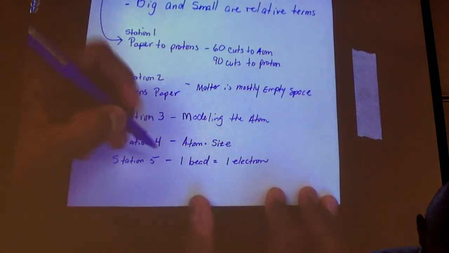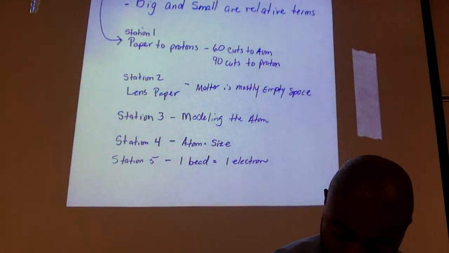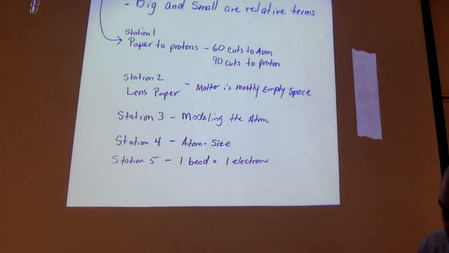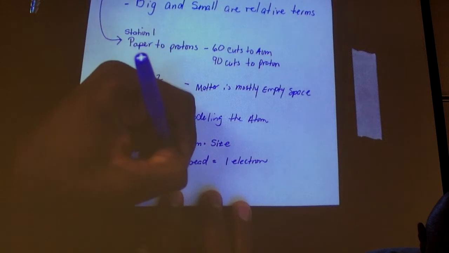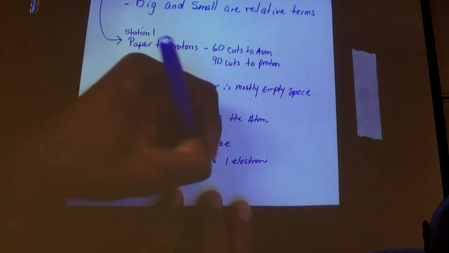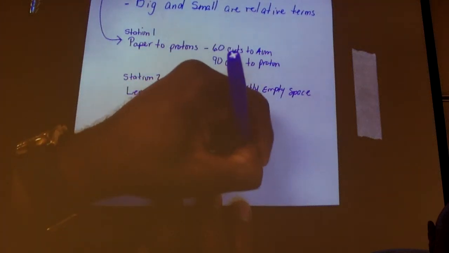On your sheet, it tells you that I think it's 1,836. So 1,836 beads equal one proton.